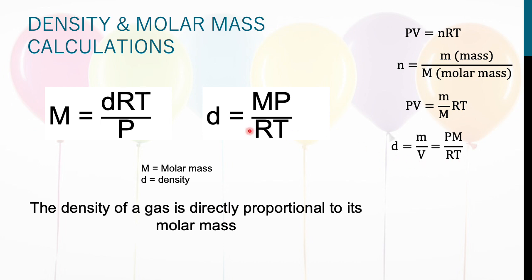So that's why density is the molar mass multiply with pressure, divided by R the gas constant multiply with T. So d equal to PM over RT. Or if you rearrange this one, you will get M equal to dRT over P. So these are the two formulas that you need to remember to calculate the molar mass or to calculate the density.